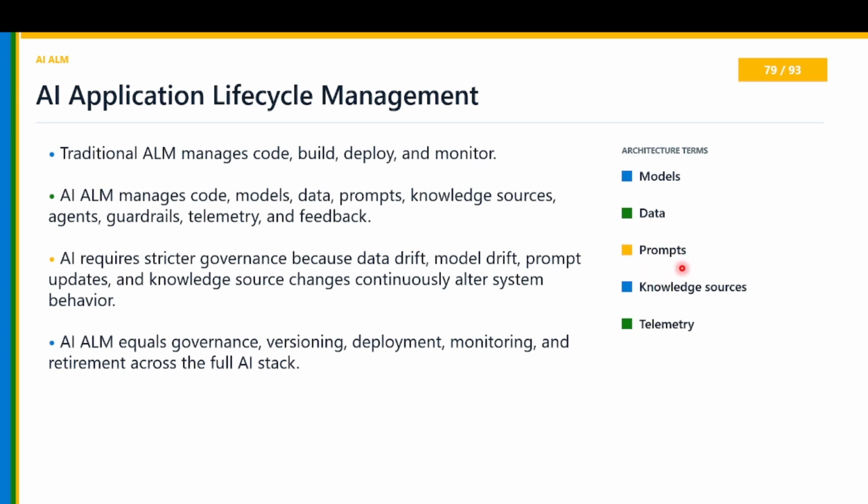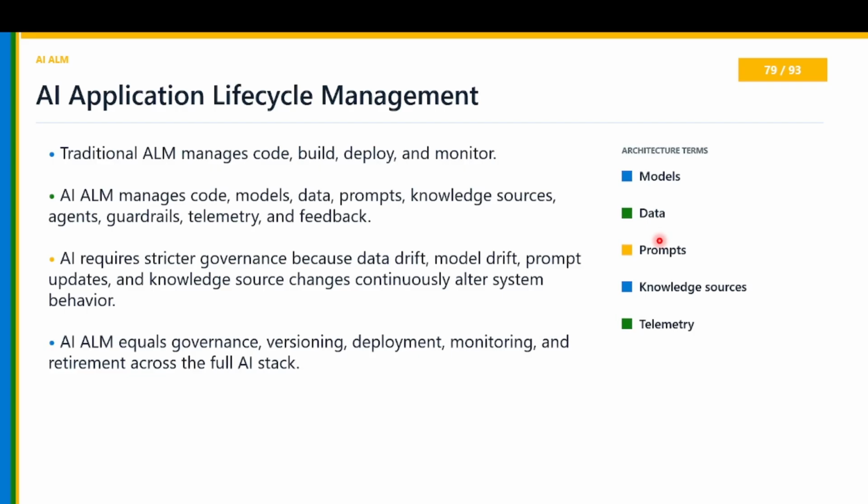Then you have your prompts. We've looked at how you can design and validate prompts, particularly validation in the previous lesson. And then we have your knowledge sources and telemetry. This is your telemetry data, metric collection and log collection, and the analysis and usage. So these are architecture terms that you should understand here.